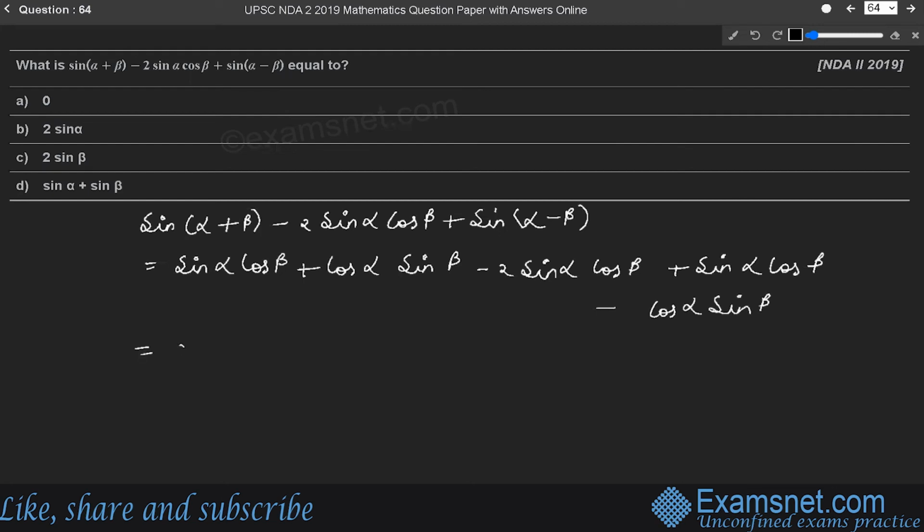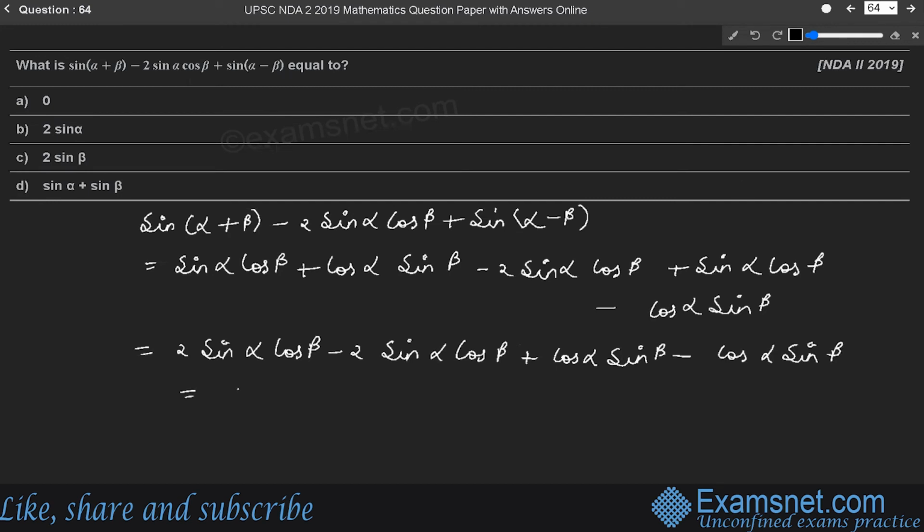So this will be equal to 2 sin alpha cos beta minus 2 sin alpha cos beta plus cos alpha sin beta minus cos alpha sin beta. So this will be equal to 0 plus 0, which is equal to 0. Therefore, we can say that the correct answer for this question is option A here.